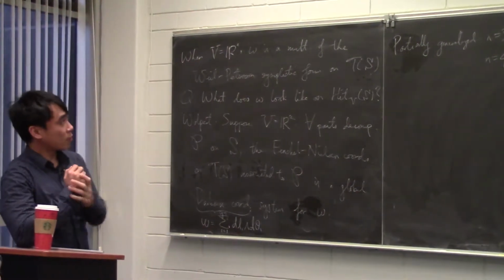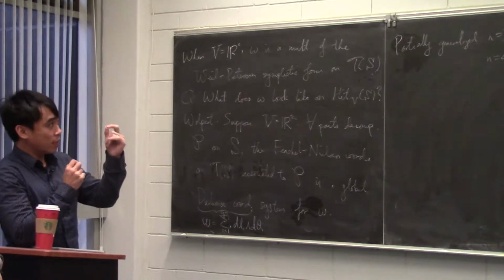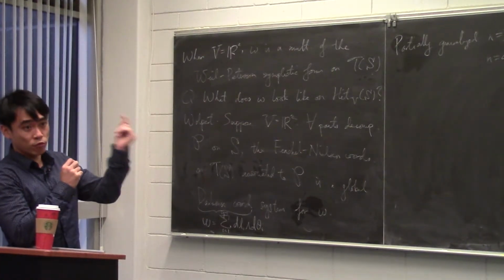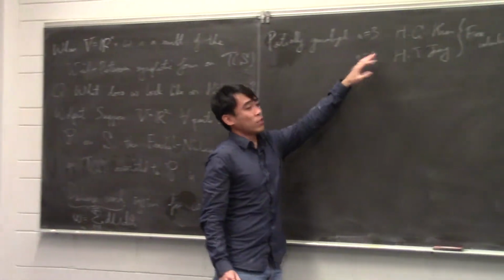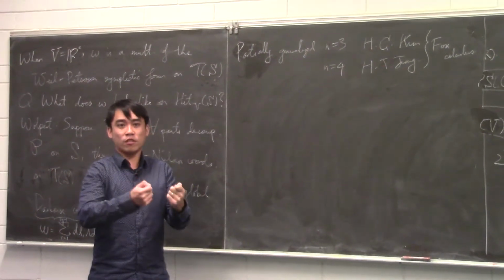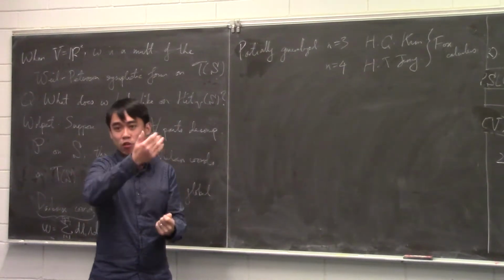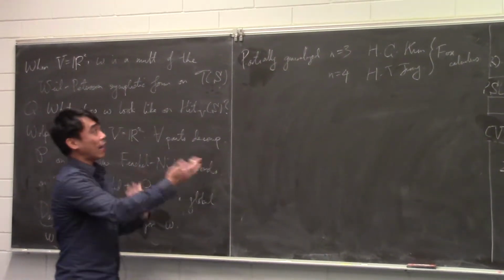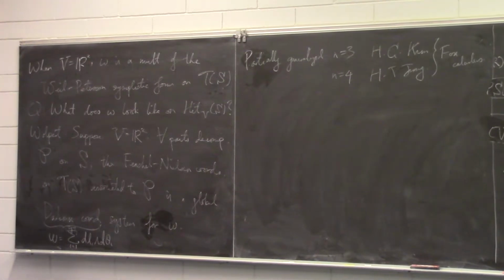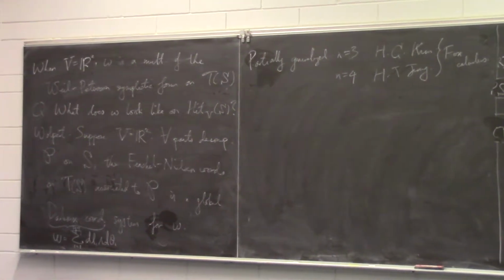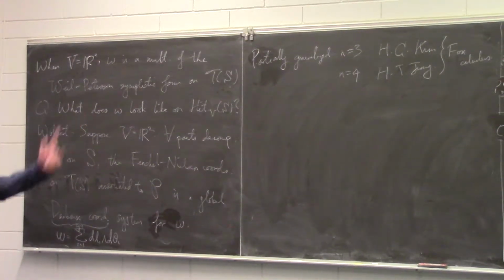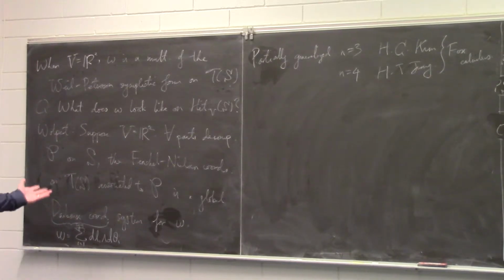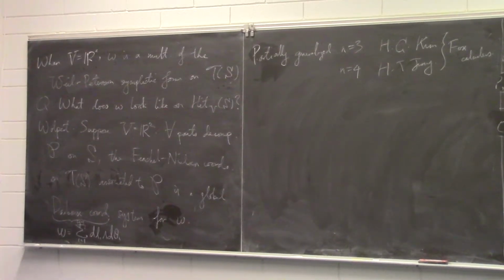However, this procedure has a drawback, which is that the computation you need to do gets really complicated really fast. Even in the case where n equals 3, Hong Chang Kim's paper comes with a huge Mathematica code that you need to rely on for his theorem. And I guess the same will be true for Tengren's result. In the case where n equals 5, nobody knows how to use this kind of calculation to prove an analog of Wolpert's theorem.